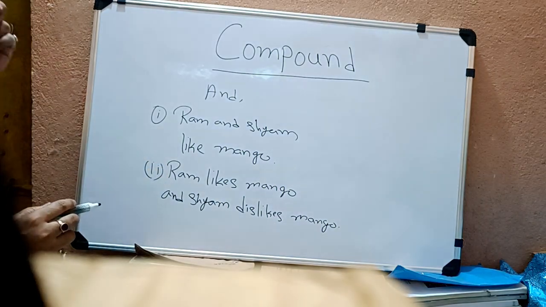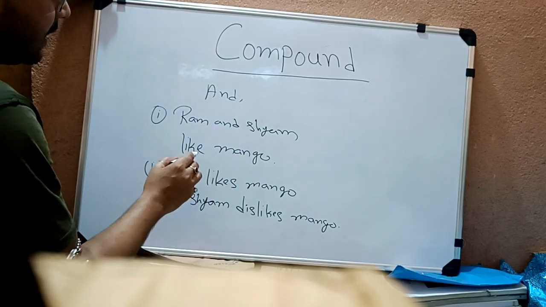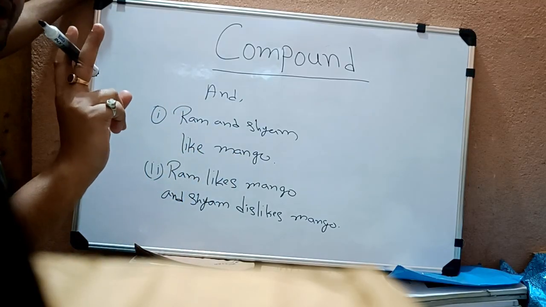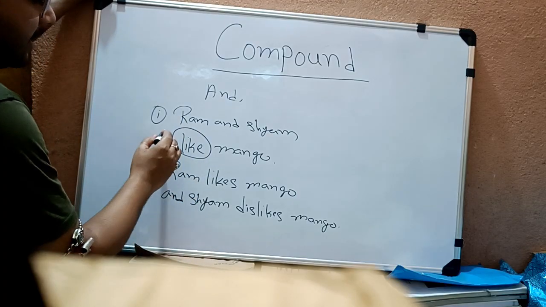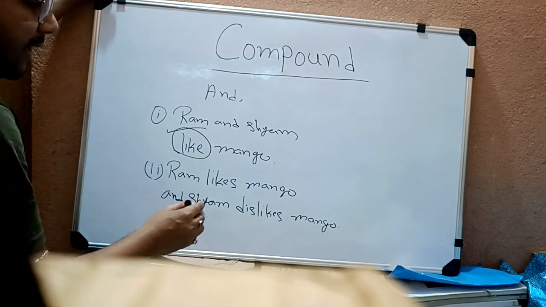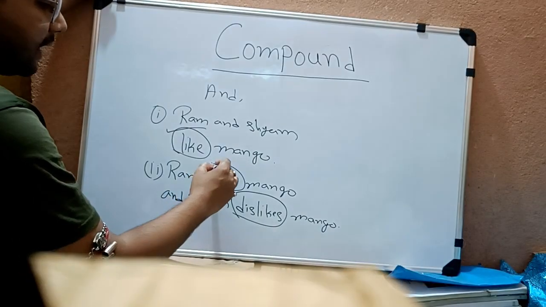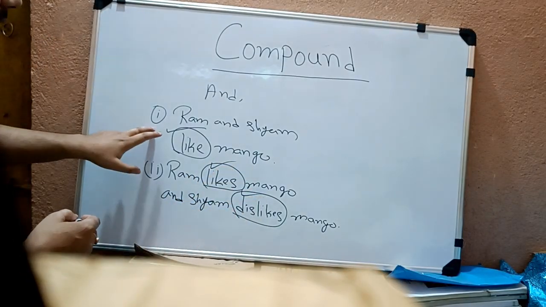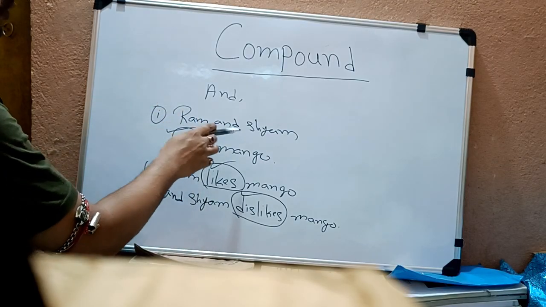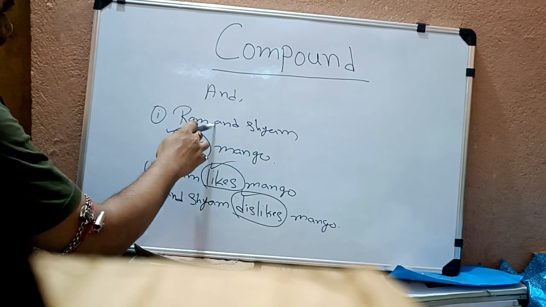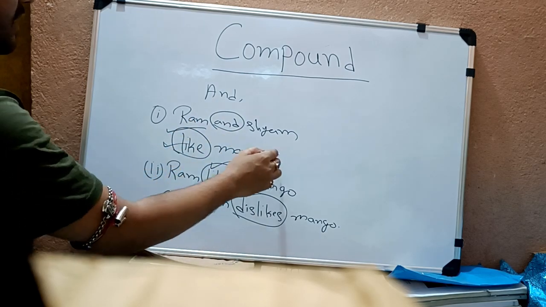So students, remember one thing: in a compound sentence there will be two finite verbs. In the first sentence there is one finite verb, and in the second sentence there are two finite verbs, likes and dislikes. So the first sentence is a simple sentence, though we have joined two individual nouns by using the conjunction and, because the finite verb is one. That's why it is a simple sentence.